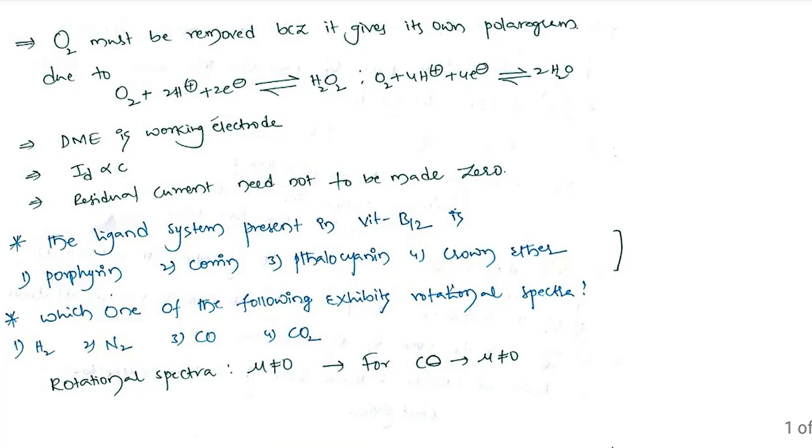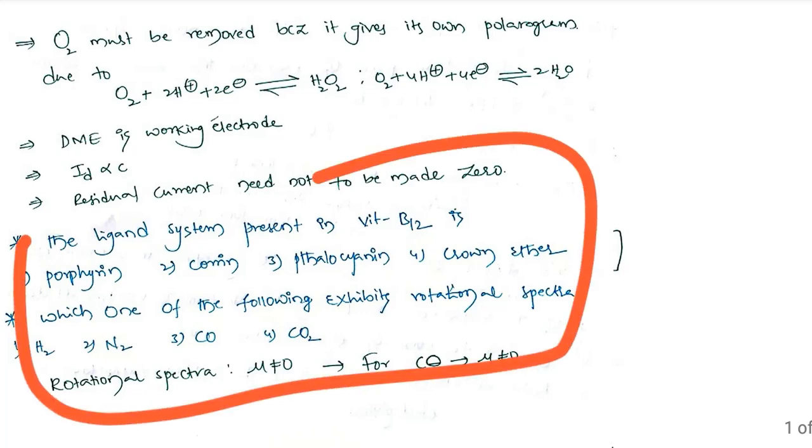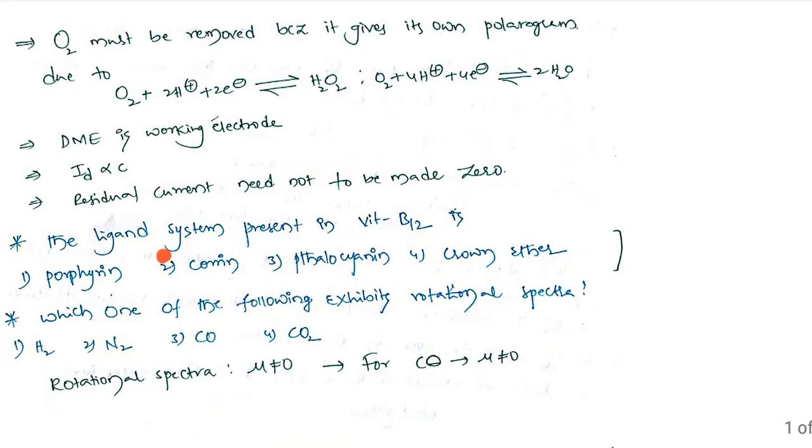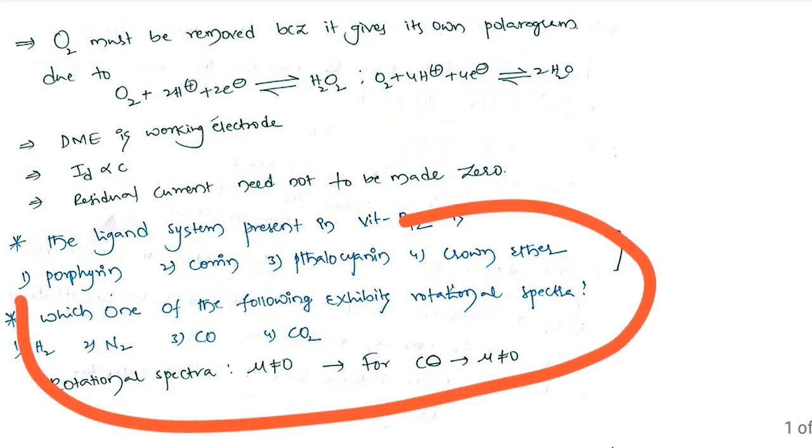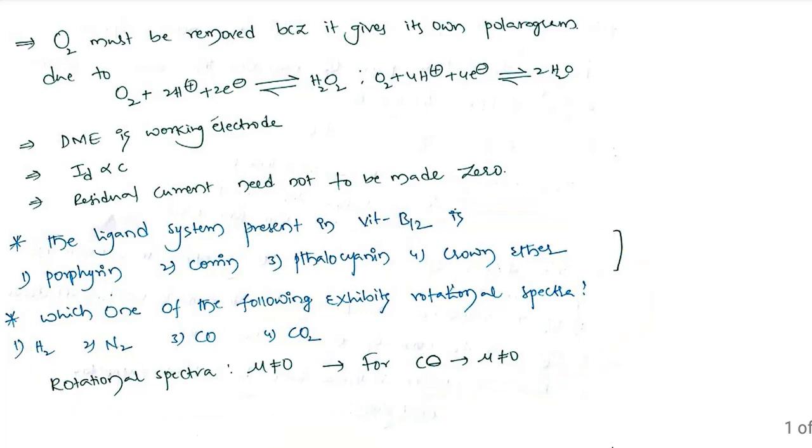Next one, the ligand system present in vitamin B12 is corrin, which contains the metal cobalt +3. Which one of the following exhibits a rotational spectrum? First we need to know the selection rule: for rotational spectra, the dipole moment must not be equal to 0.